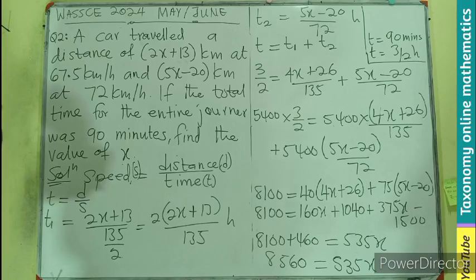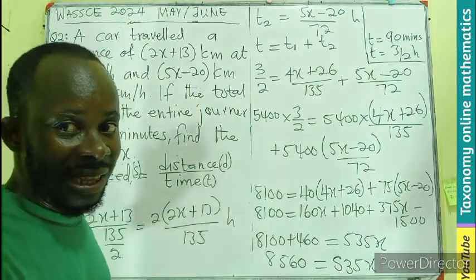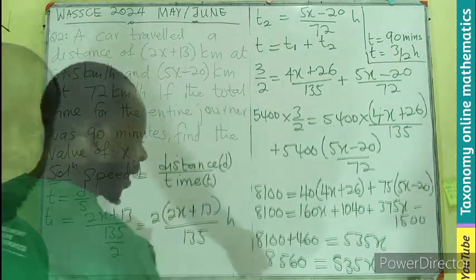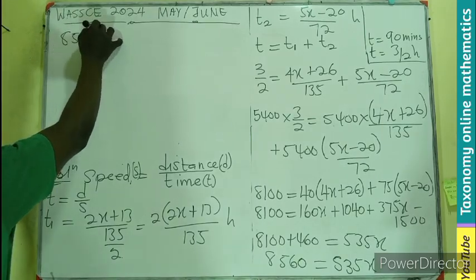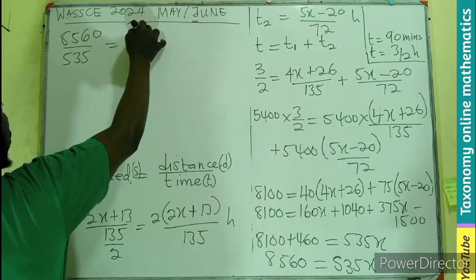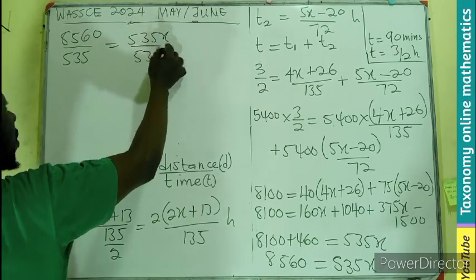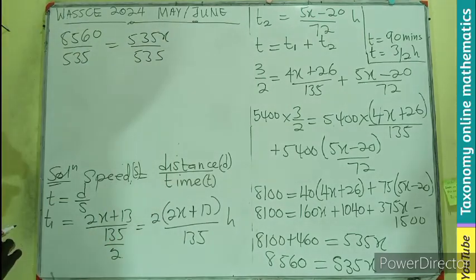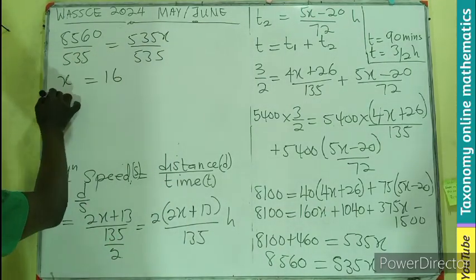Now we are looking for x, so we divide by the coefficient of x, which is 535. 8,560 divided by 535 equals 535x over 535. The 535 cancels, and this gives 16, meaning x equals 16.